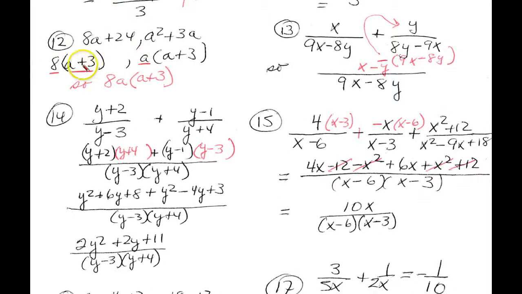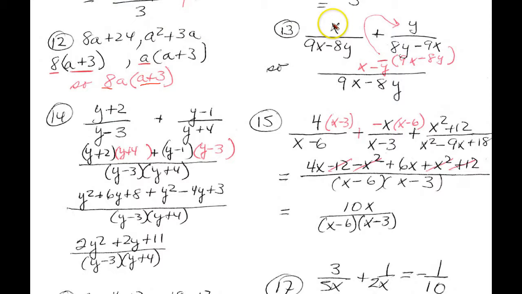Here we have an a plus 3. It's used once there and once there. The greatest number of times is once. So we need an 8 and an a plus 3. Then our other factor is a. What's the greatest number of times a is used? Once. So there is our answer.